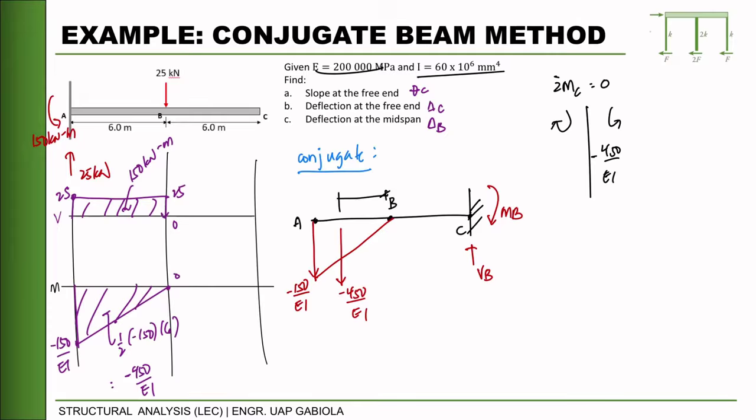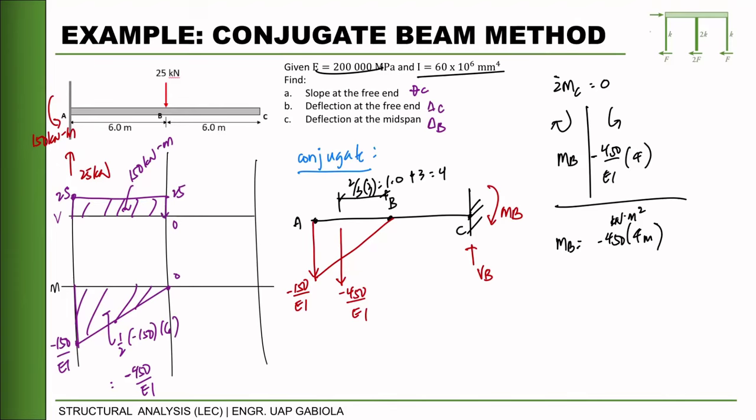This is 2/3 of 3, this 1.0 plus 3, that is 4. This times 4, this is MB. So negative 450 times 4 meters, this is kilonewton meter squared over EI.